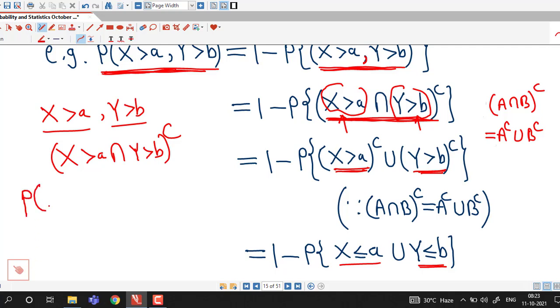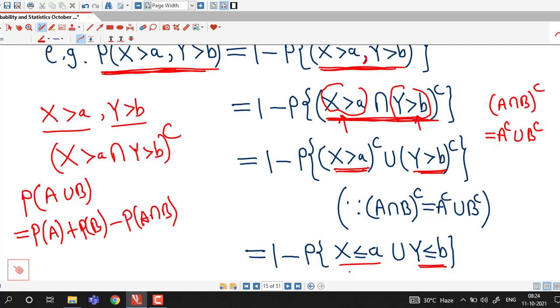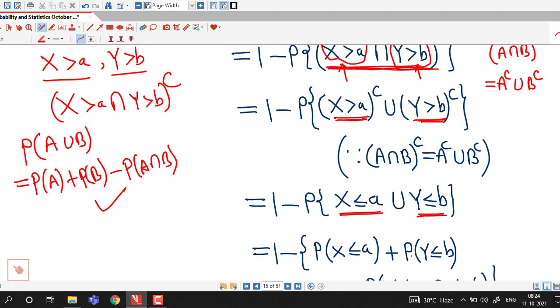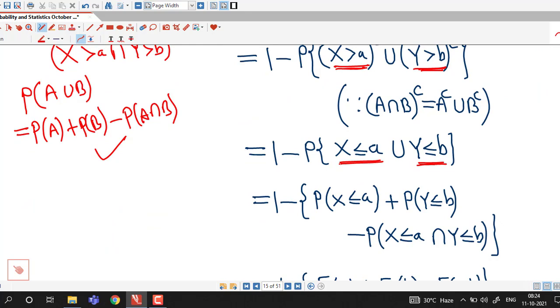So we have the probability of a union of two events, and by the addition rule this is equal to the probability of A plus the probability of B minus the probability of the intersection of A and B. So we use this formula here, and we obtain that this probability of the union equals the probability of the first event plus the probability of the second event minus the probability of the intersection of the two events.